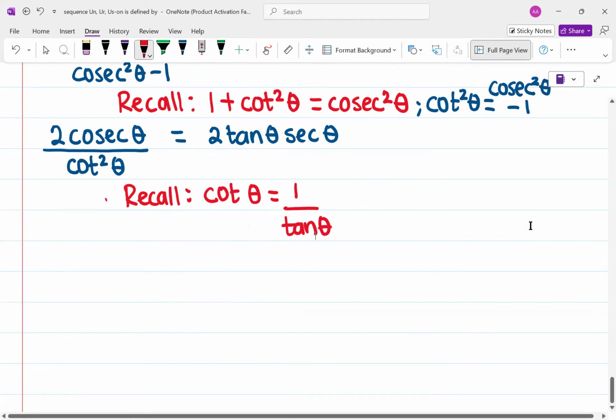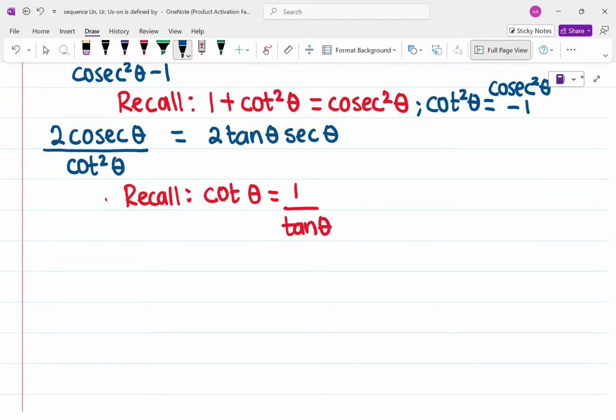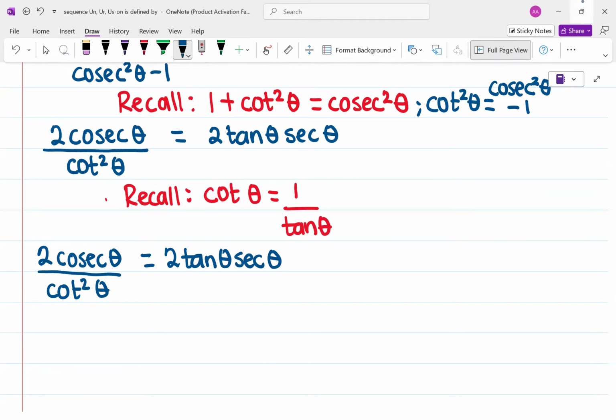If I apply that, this becomes 2 cosec theta over cot square theta equals 2 tan theta sec theta, which becomes 2 cosec theta times 1 over cot square theta equals 2 tan theta sec theta.